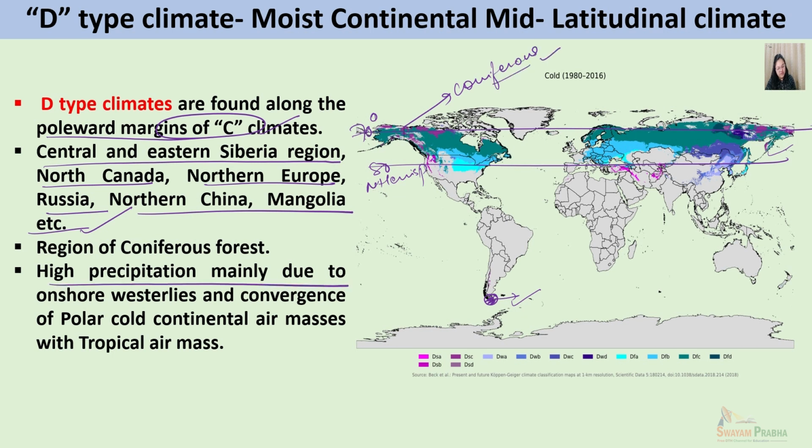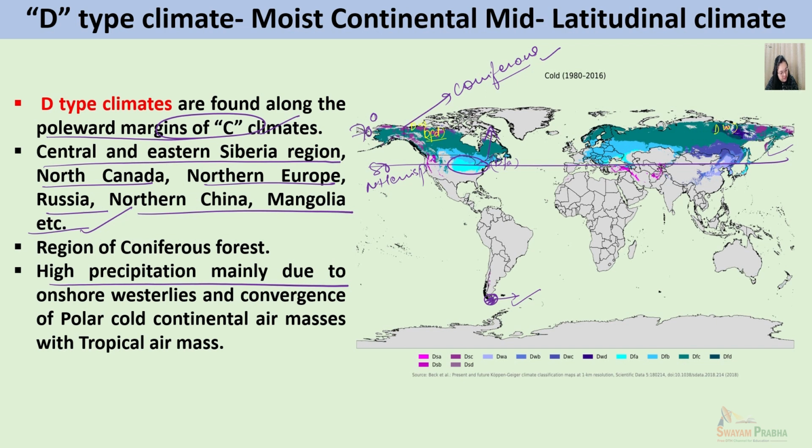High precipitation is experienced in these areas, but as you move towards the poles, the precipitation is more in form of snow. So you can see here that this is DFA type of climate, and as you move towards the poles, the DFA type of climate transitions into DFD type of climate and DW type of climate in certain areas also.